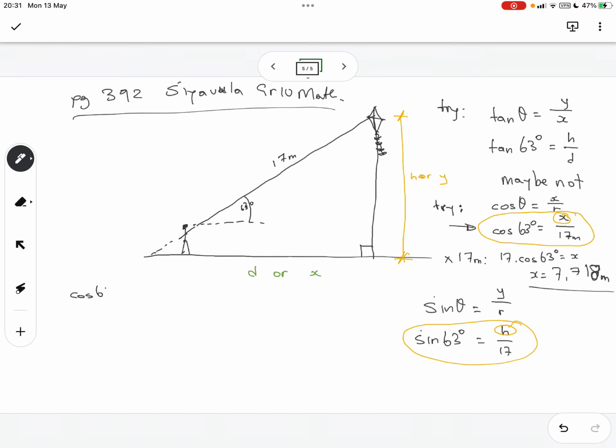Let's look at this one here. Initially we had cos of 63 degrees equals x over 17. So I multiply both sides with the value of the denominator. Any number that I express is the same as itself divided by 1.